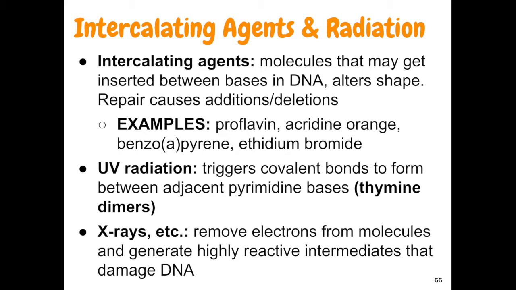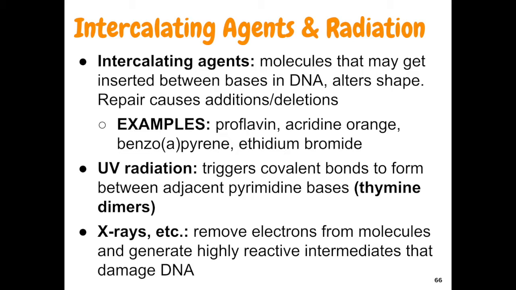They form a covalent bond between each other instead of hydrogen bonding to the bases that are anti-parallel to it. And that is problematic because those bases jam up the enzymes, the DNA polymerase enzymes that are reading and synthesizing DNA. If you jam it up, it's more likely that that enzyme isn't going to work right, and the fidelity of the message in that gene is going to be lost.